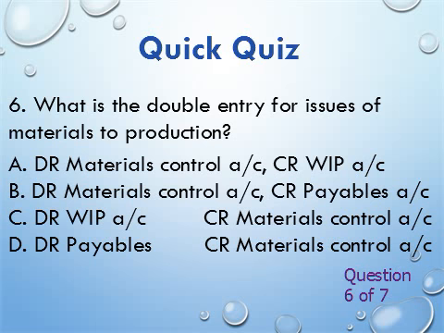A. Debit, materials control account. Credit, work in progress account. B. Debit, materials control account. Credit, payables. C. Debit, work in progress account. Credit, materials control account. D. Debit, payables. Credit, materials control account.